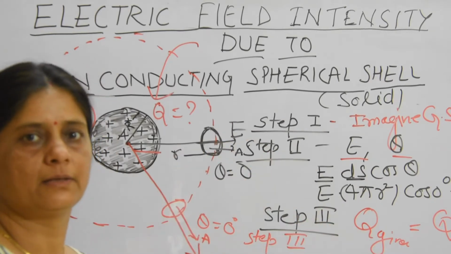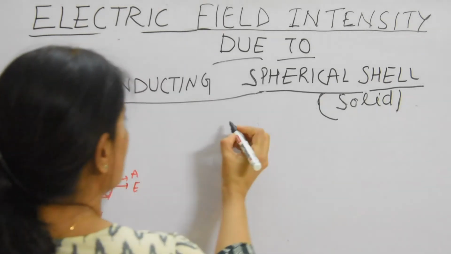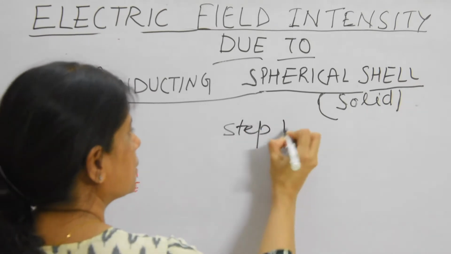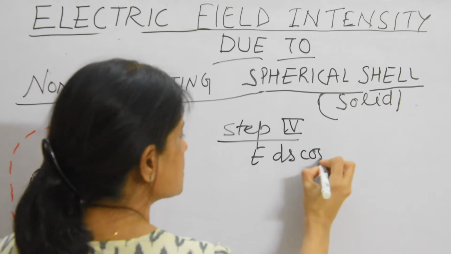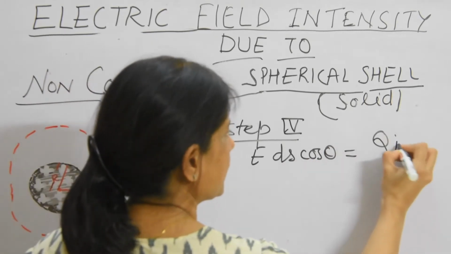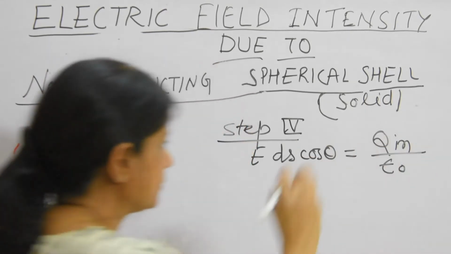The integral of E ds cos theta is Q inside upon epsilon naught.